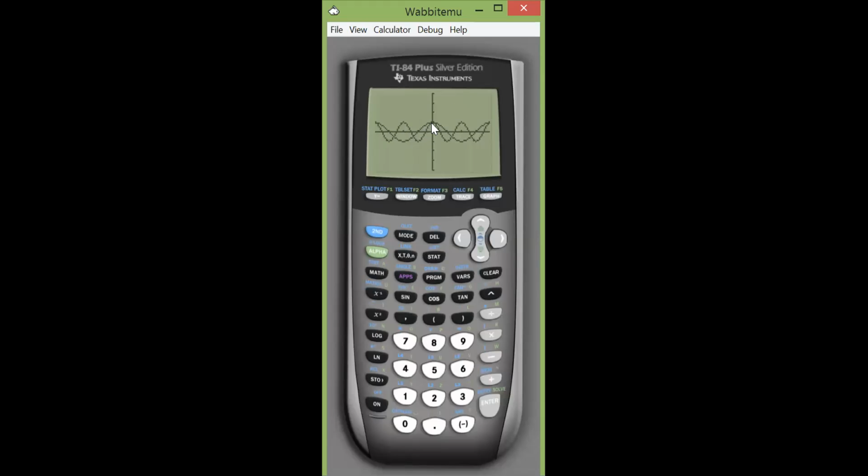So again, this graph is cosine x, and the other graph here is cosine 2x. Okay. All right, but hopefully you have a calculator. If not, you can use Desmos to graph cosine x or cosine 2x. Okay, but that's your graph. Okay. All right, let me get back to the lesson.